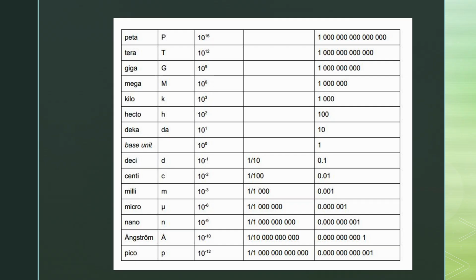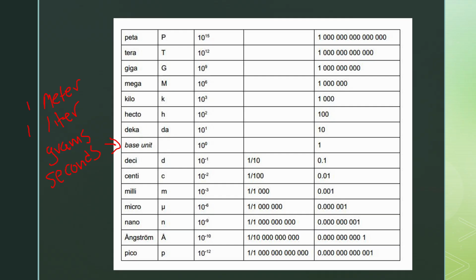All right, notice here we have the base unit. Our base units can be meter, liter, grams, seconds, and there are other base units, but these are the main ones that we're going to use. And remember, their value as a base unit is a 1.